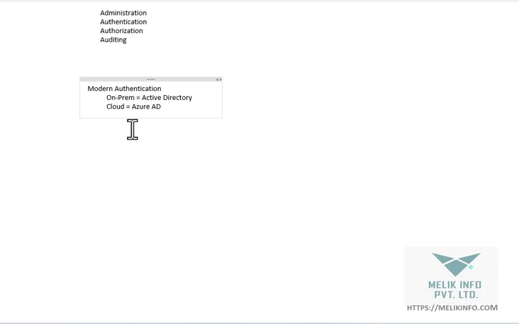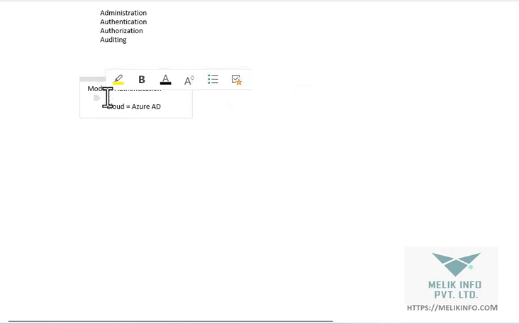It actually provides us modern authentication. So let's talk about cloud based, which is Azure Active Directory.